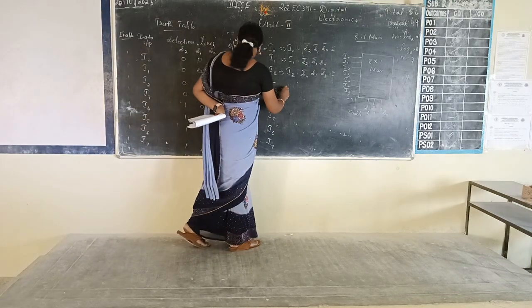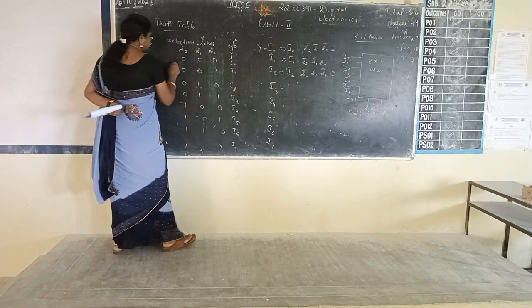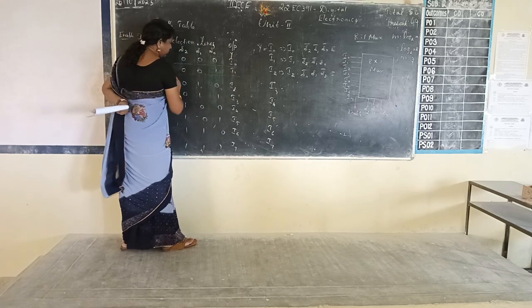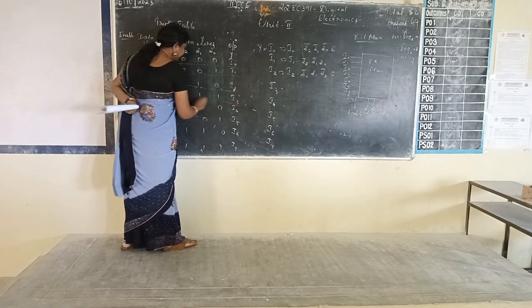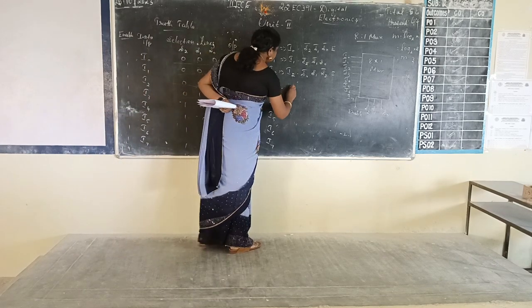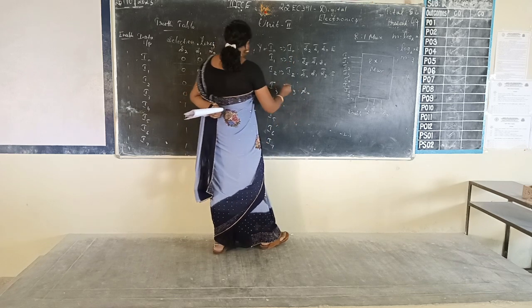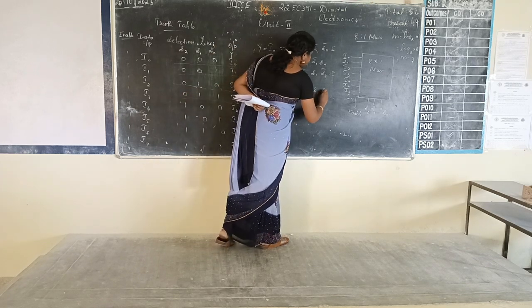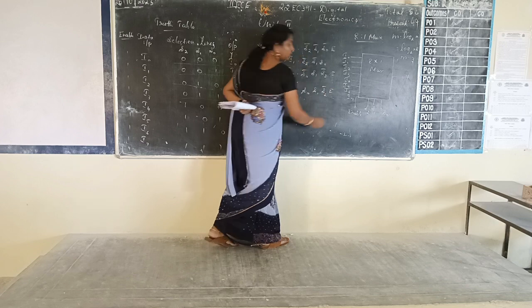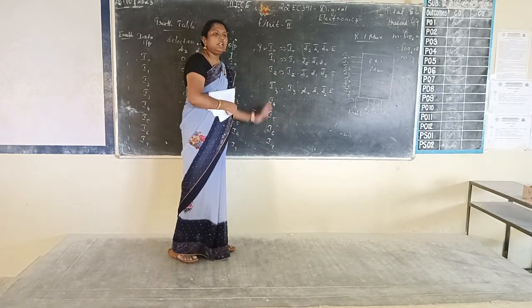For I3, S0, S1 and S2 bar. So write out the terms up to I7 and using this, draw the logic diagram.